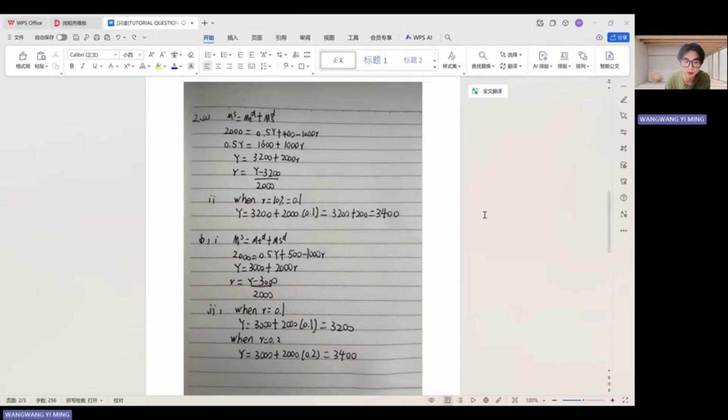And for question D, same method, MS equal to MDT plus MDS. So 2000 equal to 0.5Y plus 500 minus 1000R. So we can get Y equal to 3000 plus 2000R, and R equal to Y minus 3000 divided by 2000.